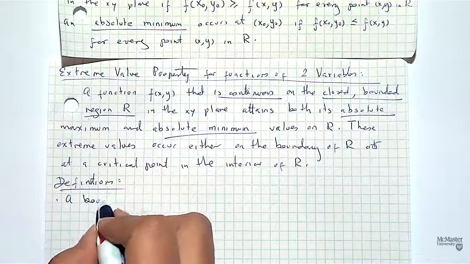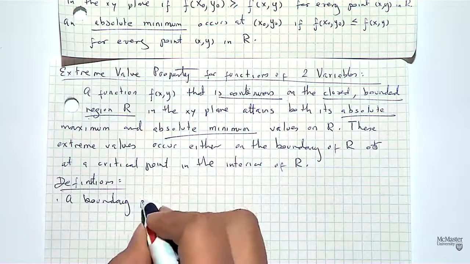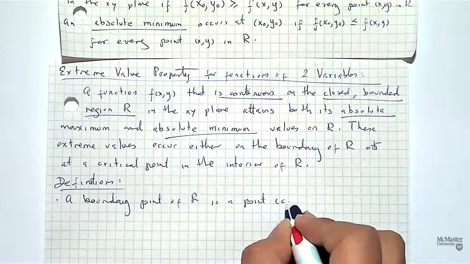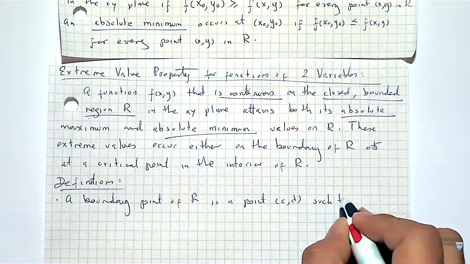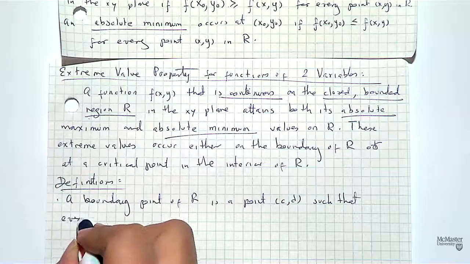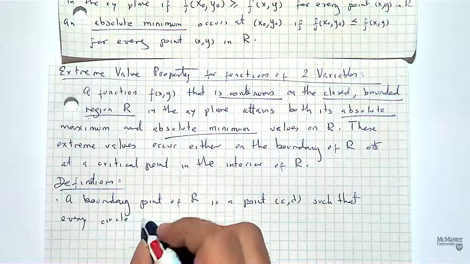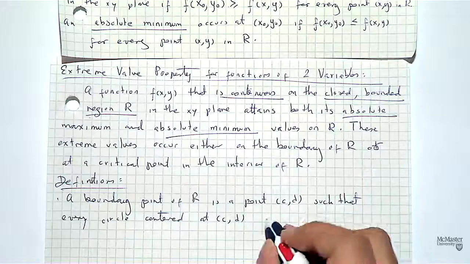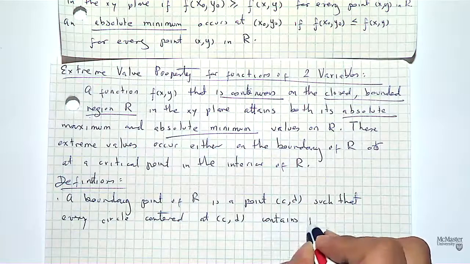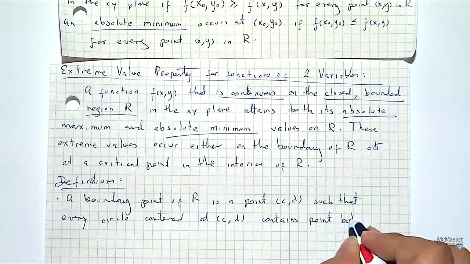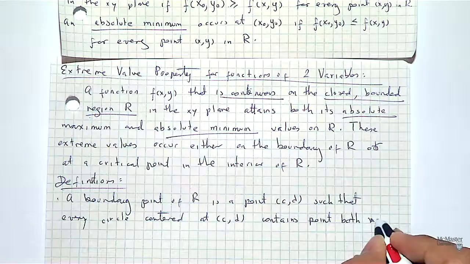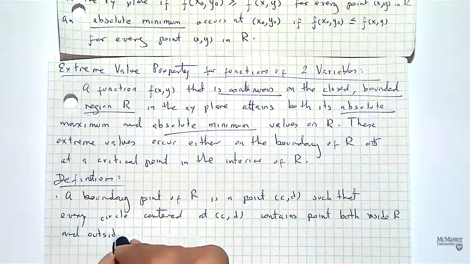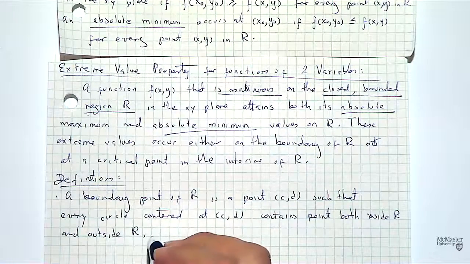First of all, mathematically, a boundary point of R is a point c comma d such that every circle centered at c comma d contains points both inside R and outside the region, regardless of how small the radius.